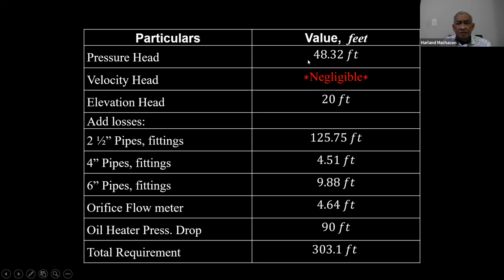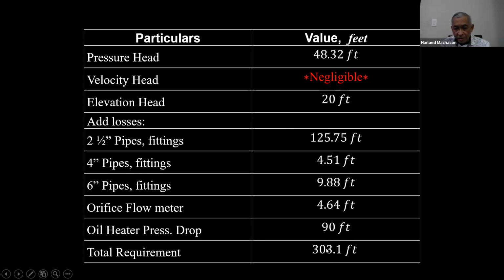So let us see our tabulation. Pressure head 8.32, velocity head negligible, elevation head 20, and we add the losses. We have 2.5-inch pipes and fittings, 125 feet, and 4-inch steel pipes and fittings, 4.51, 6-inch pipes and fittings, 9.88, orifice flow meter, 4.64, oil heater pressure drop is 90 feet.